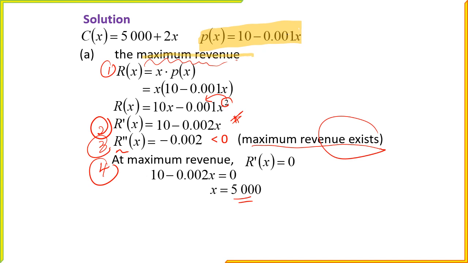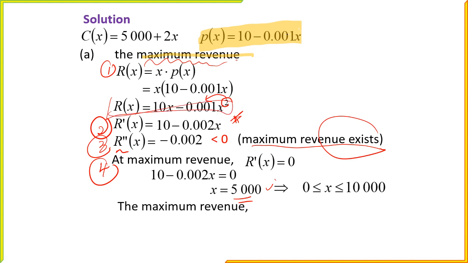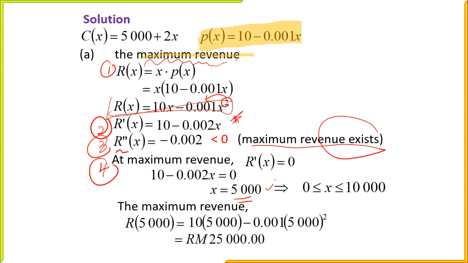To find the maximum revenue, what do we need to do? Yes, just substitute this value of x into the revenue function. So R of 5,000 is equal to 10 of 5,000 minus 0.001 of 5,000 squared, which is equal to RM25,000.